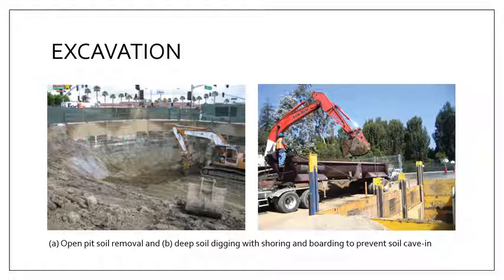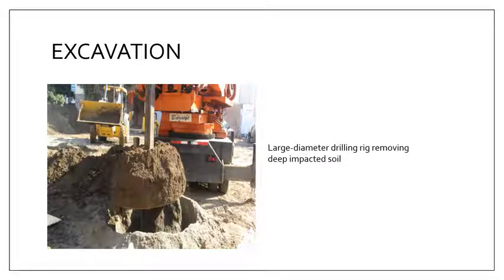So you are sort of putting in some temporary walls to prevent the soil from collapsing and crashing back into the excavation. This is a large diameter drilling rig for removing deep impacted soil.